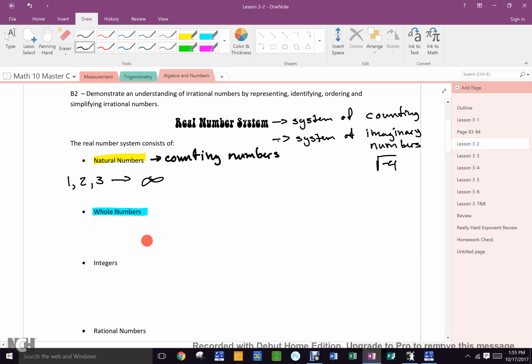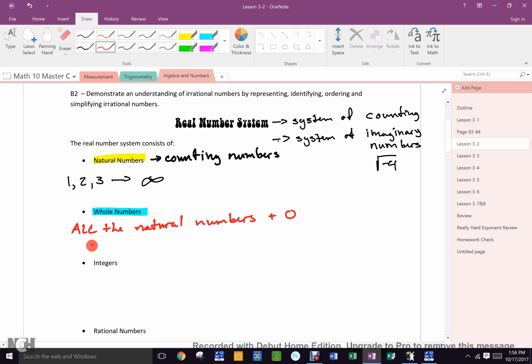Because you have been taught whole numbers as being not fractions, right? But that's not actually what they are. Whole numbers are all the natural numbers plus 0.